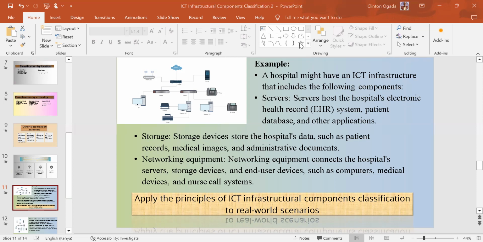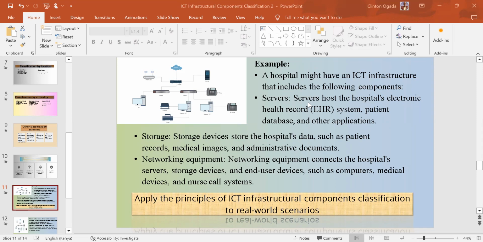In a hospital setup, can you hear me now? We might see an ICT infrastructure which includes the following: servers and storage. Servers host the hospital electronic health record system, patient database, and other applications.